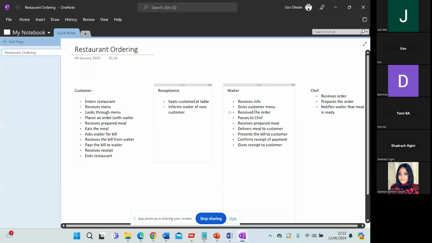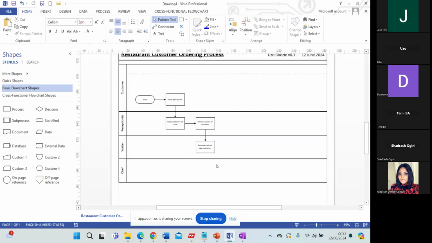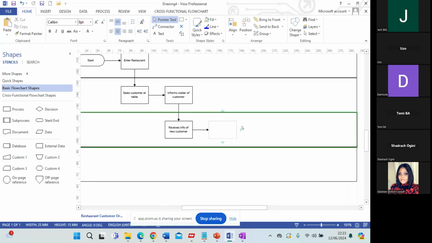Then what is the next one? Gives customer the menu. And so that means the activity is the waiter's activity. So we also write on his swim lane that he gives a menu to customer.